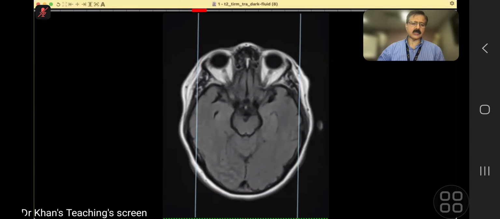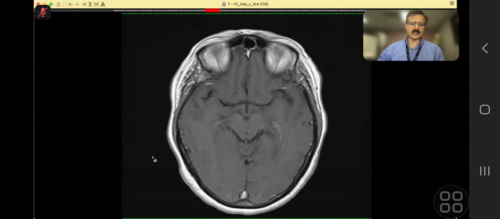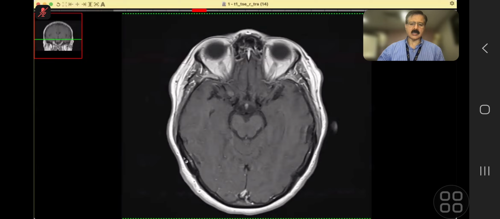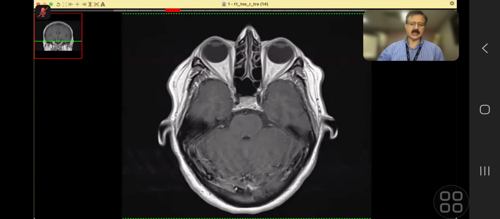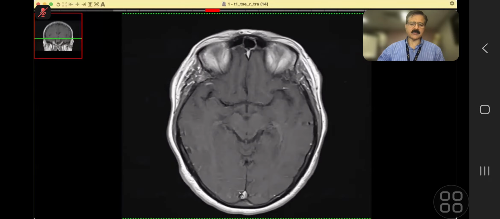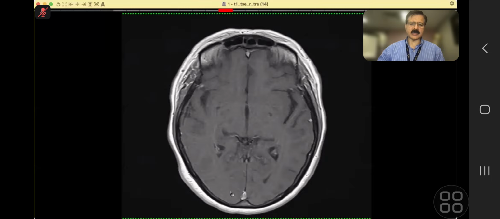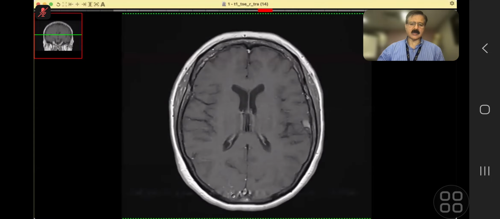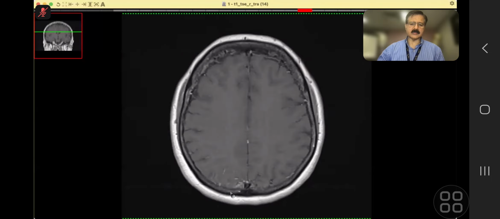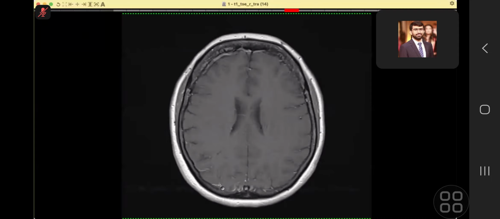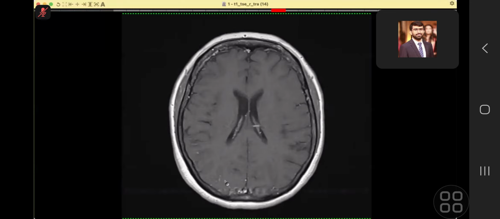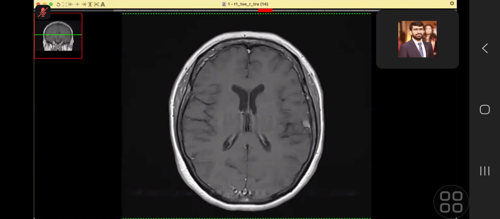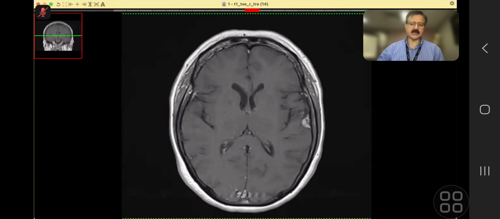Now on post contrast axial, which is this one. For example, compare this with this. There is a bit of artifact. But sir, just see these gyri here.